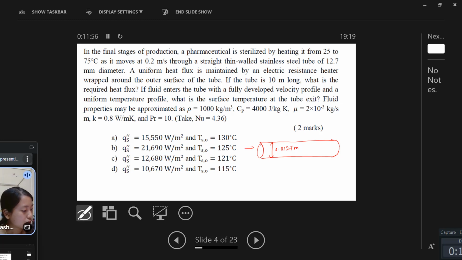And velocity is given as V equal to 0.2 meter per second. The inlet temperature, that is Tmi, is given as 25 and the outlet temperature is 75.